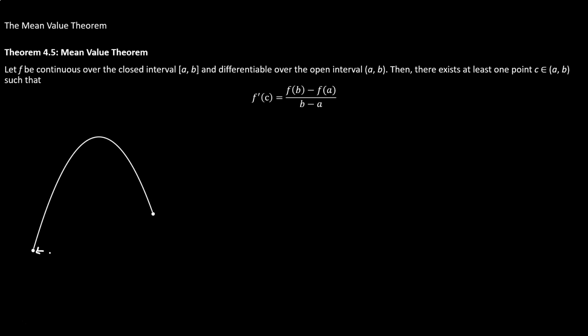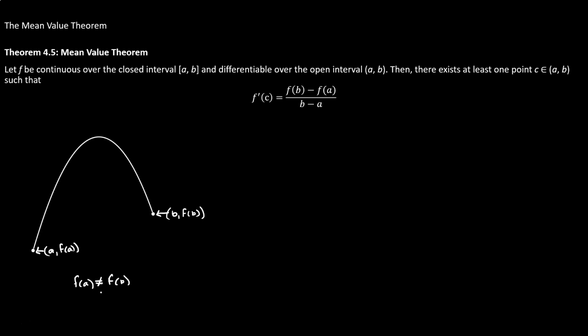So our left endpoint, that's a, f of a. Our right endpoint, that's b, f of b. And in this case, f at a is not equal to f at b. Well, since we don't have that condition, we can't use Rolle's theorem here.